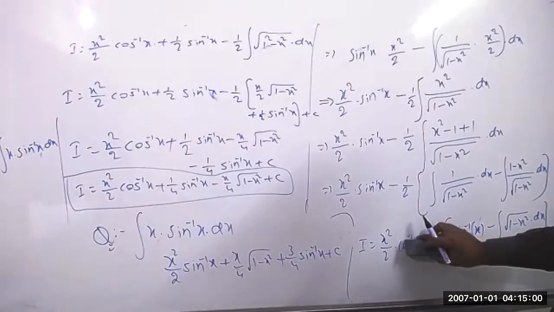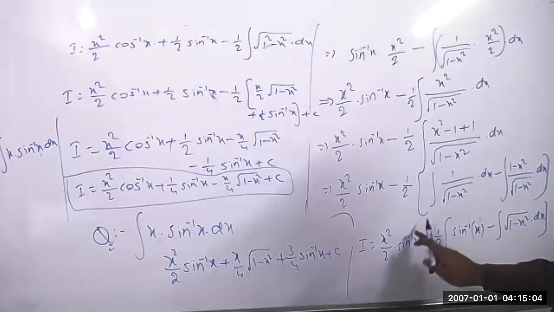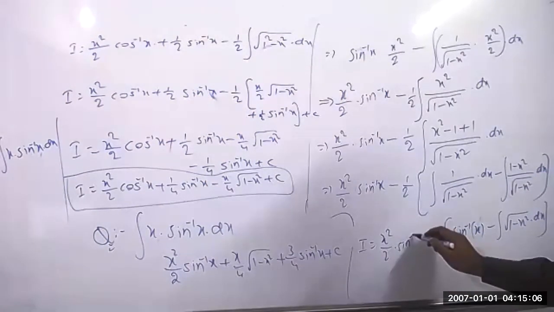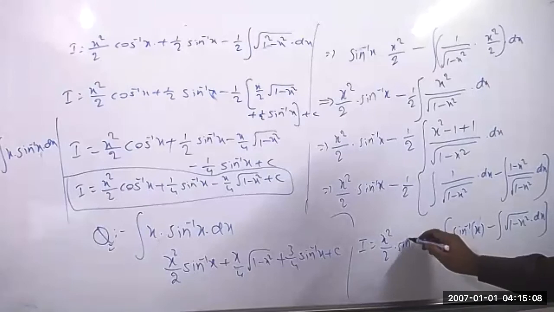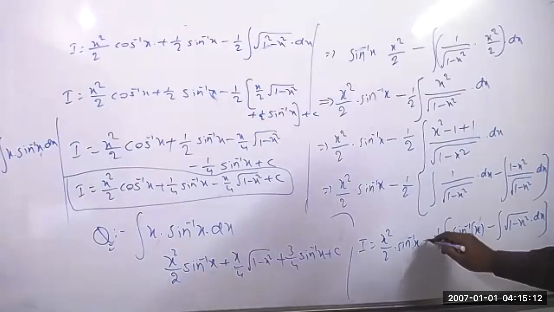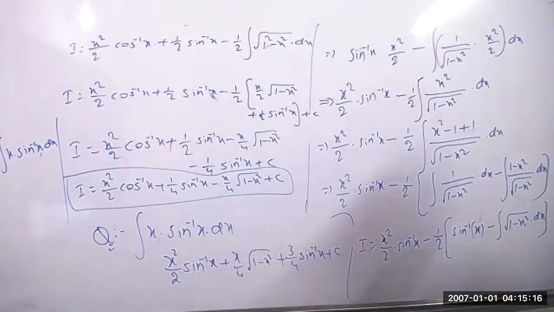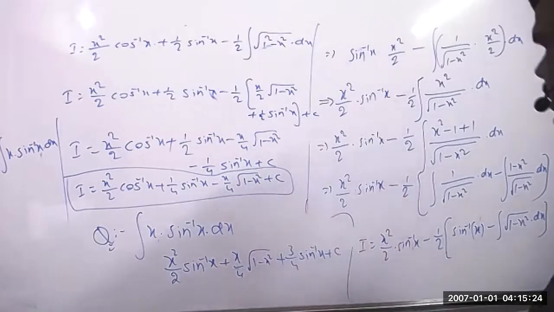So this also you can write now sin inverse of x plus the minus here, minus 1 by 2 into minus 1 by 2. The integration of this one equals sin inverse x will be correct only, and minus, you will get root of that value.